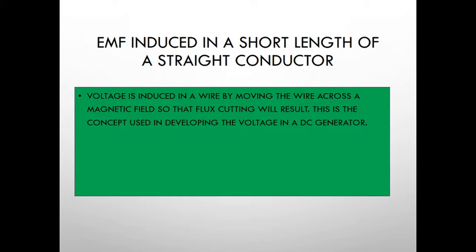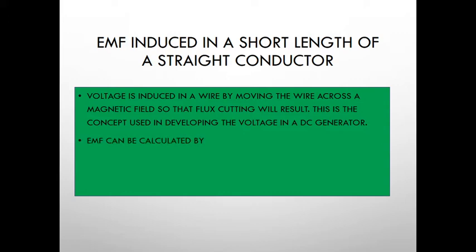So mo ni ang three major components: the loop of wire, the magnetic field, and then naa pod kay relative motion. So kung naa na ang tulo, that means maka-generate na kay induced EMF. Relative motion, so kung steady lang ang imuhang rotor, that means wala kay ma-output. So this is the concept of developing the voltage in a DC generator.